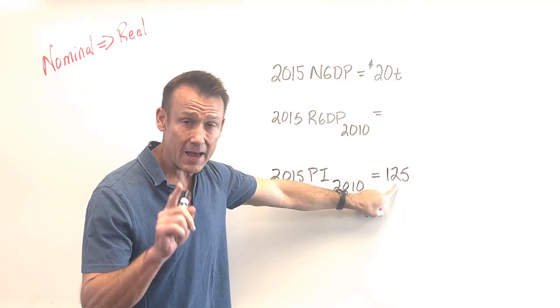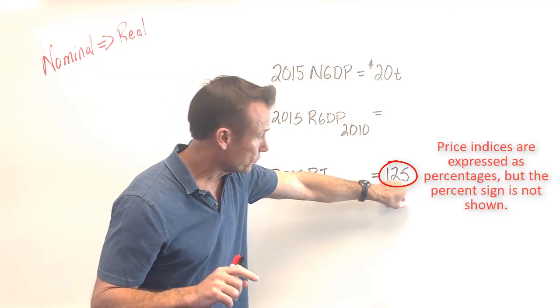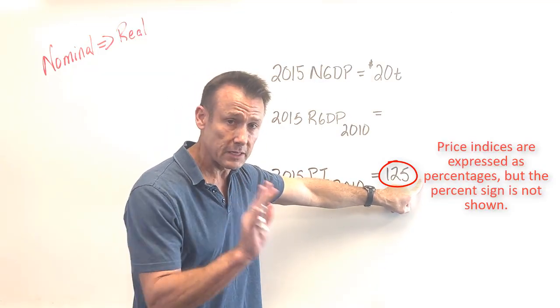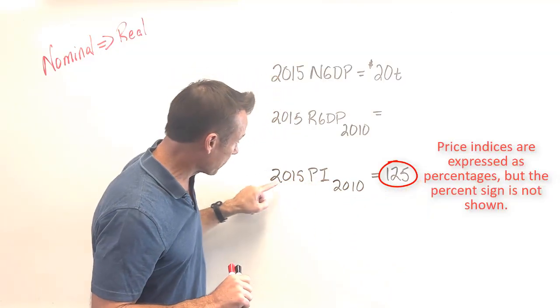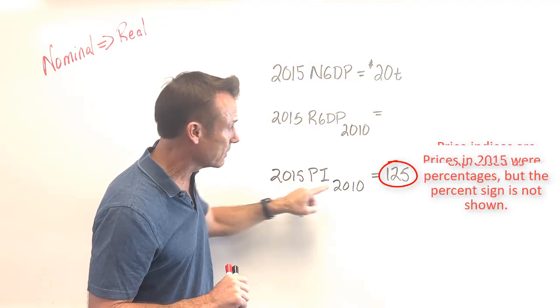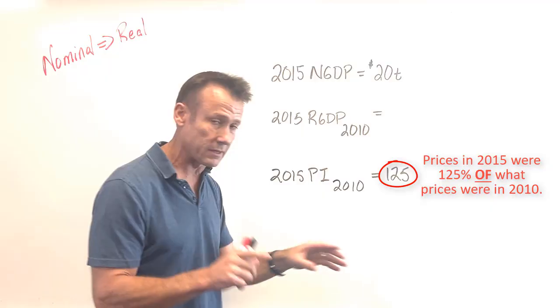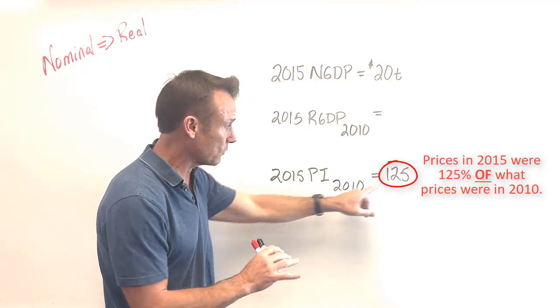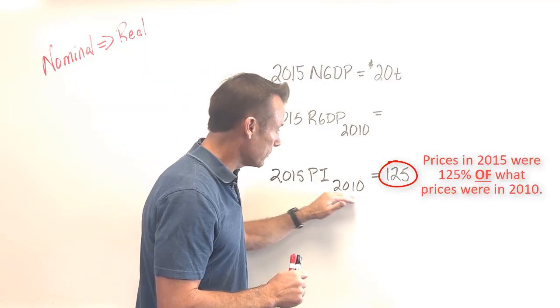Now, let me talk about this for a second. First of all, that is a percent. I always want students to understand that number is a percent. Do not put the percentage sign. We don't put the percentage sign on price indexes. Now, what does this mean? It means that prices in 2015 were 125% of what they were in 2010. Prices in 2015 were 125% of, not higher, of what they were in 2010.